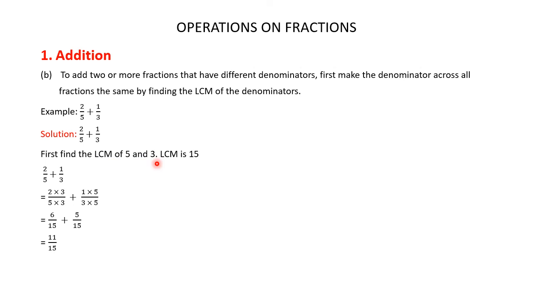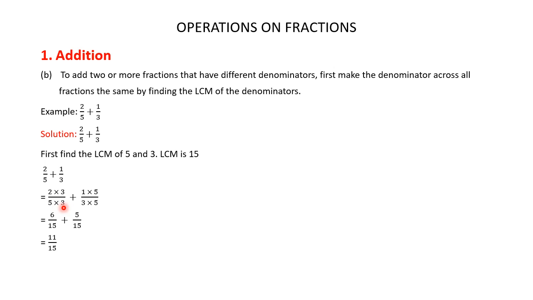The LCM of 5 and 3 is 15. So to make the denominator 15 in the fraction 2 by 5, you have to multiply 5 by 3. So when you multiply 5 with 3, you will get 15.